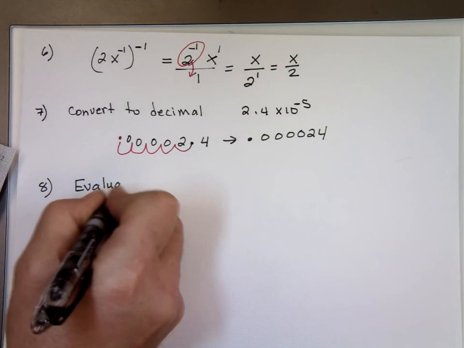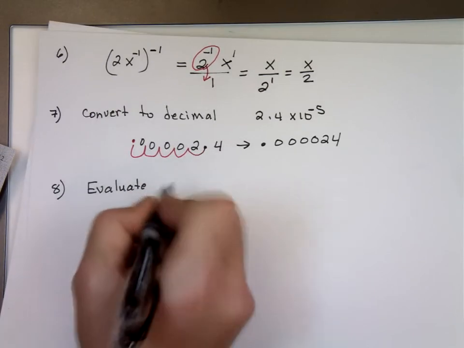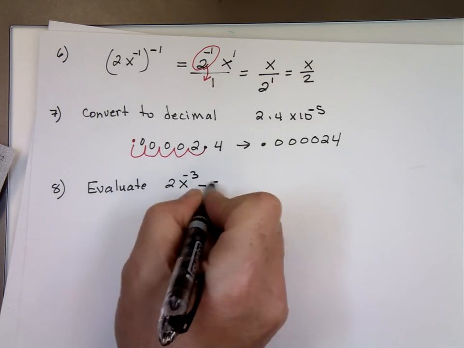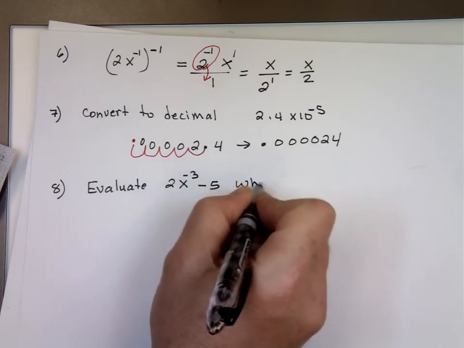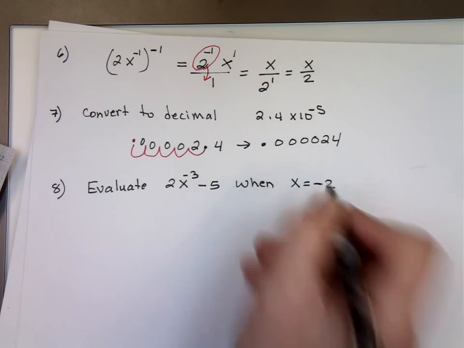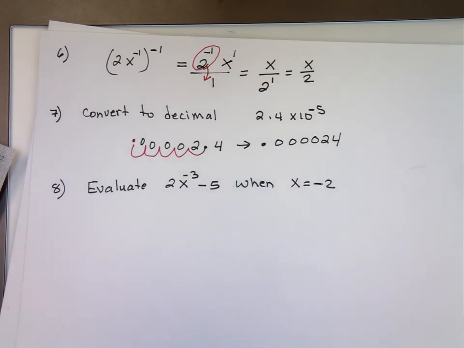Evaluate 2x to the third minus 5 when x equals negative 2. So what do we do?